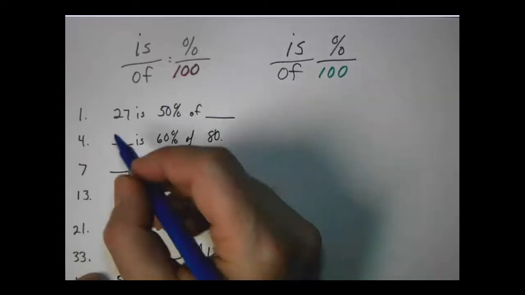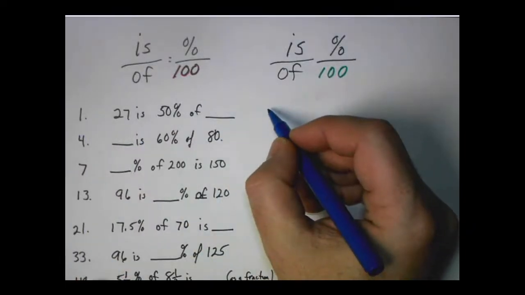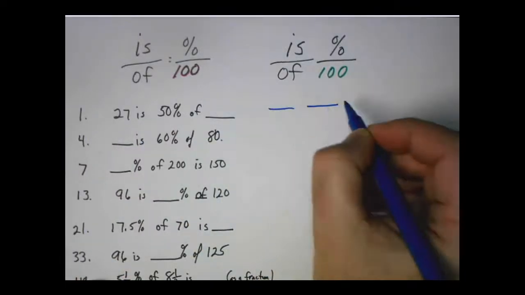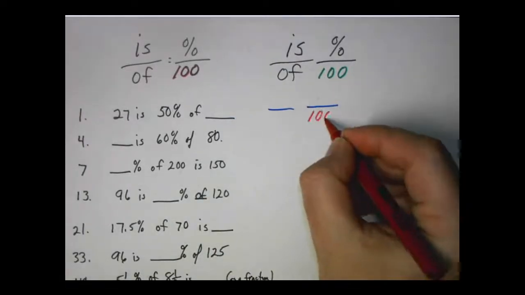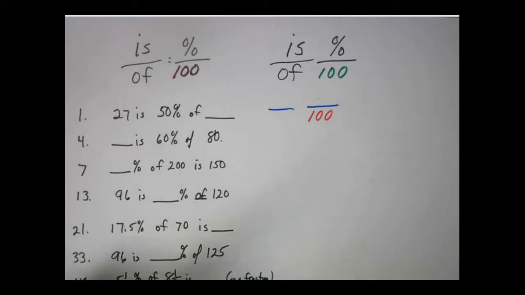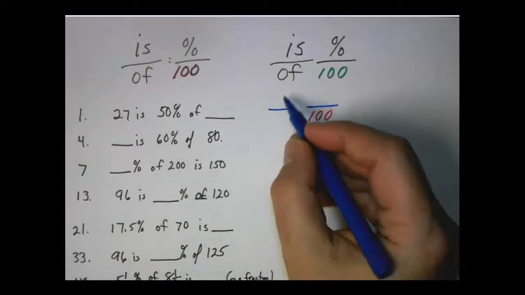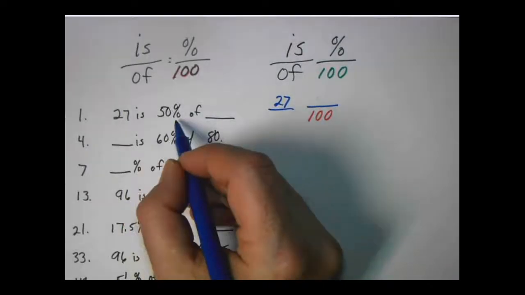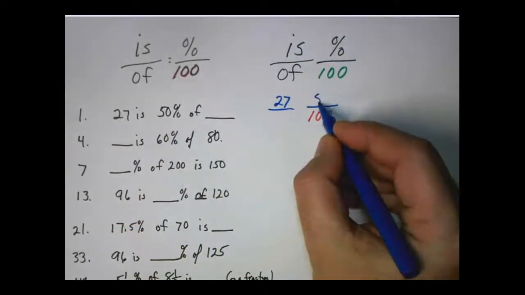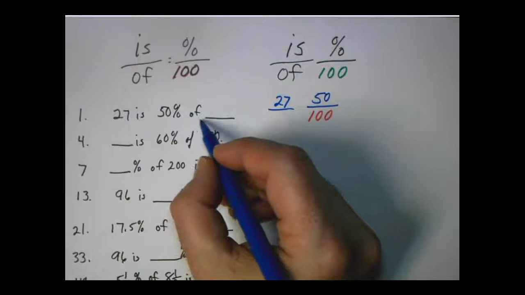So here's problem number 1. It says 27 is. If we're setting up our problem, remember they never give you the 100, so I'm going to just plug that in as a different color here. So we have 27 is on top. Percents always go over 100. Of is blank.